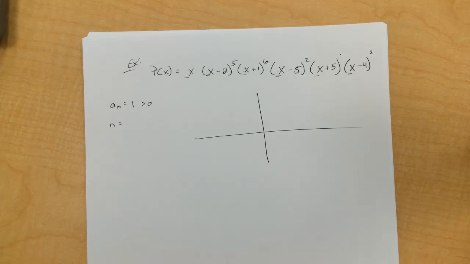What does n tell you? N tells us the degree. What does the degree tell us? The shape of the graph, the number of solutions. The maximum number of solutions. So how many solutions are we going to have?